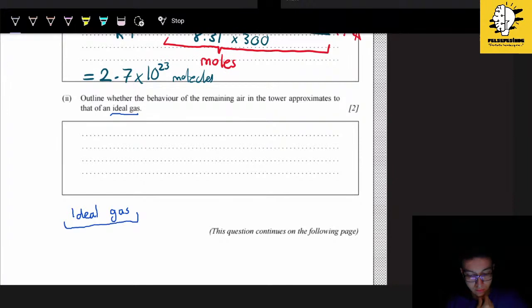So in ideal gases, we know that the molecules have negligible collisions between each other. This is very important, and it is really important to know this to answer the question. Negligible collisions, and also they have negligible molecular volume.